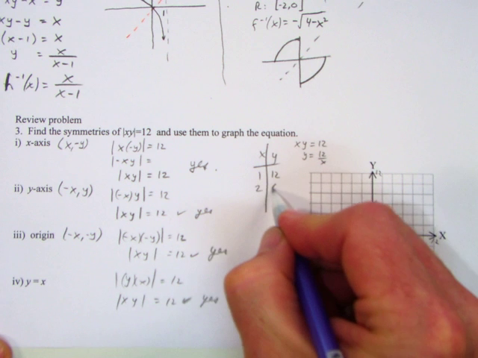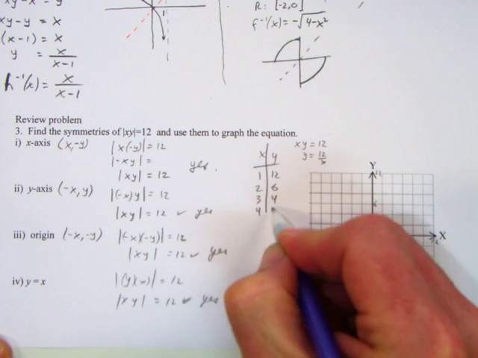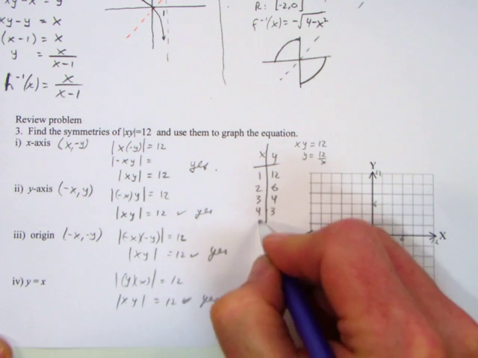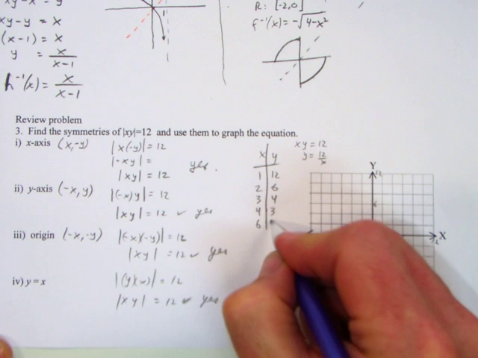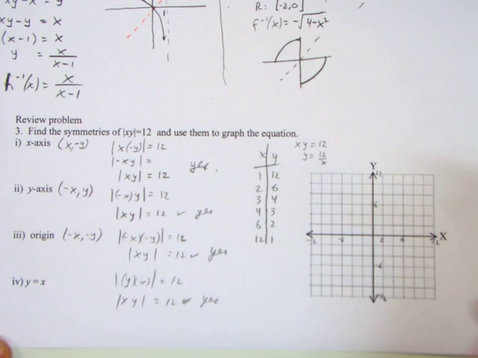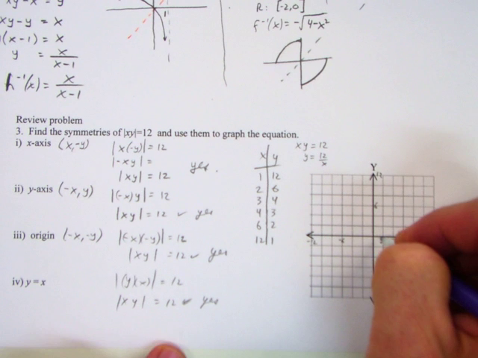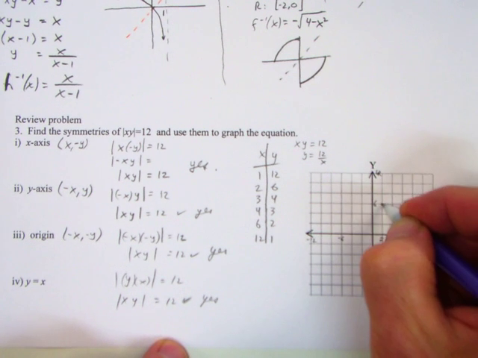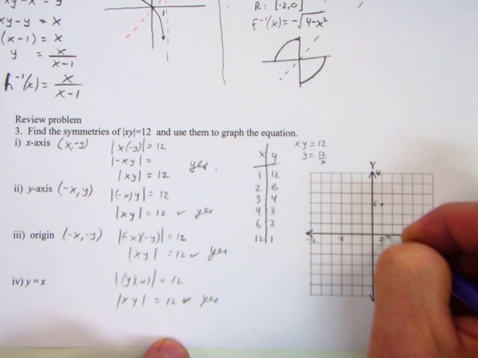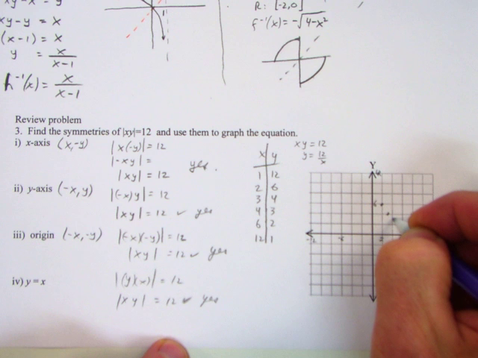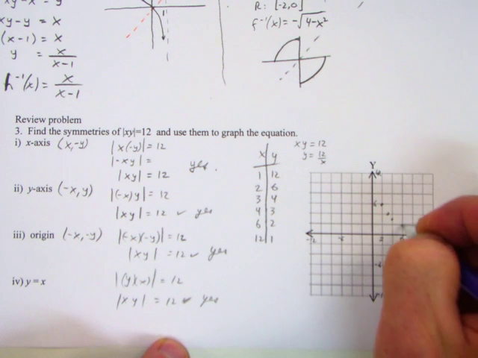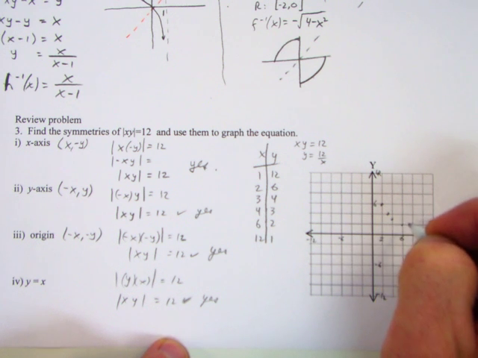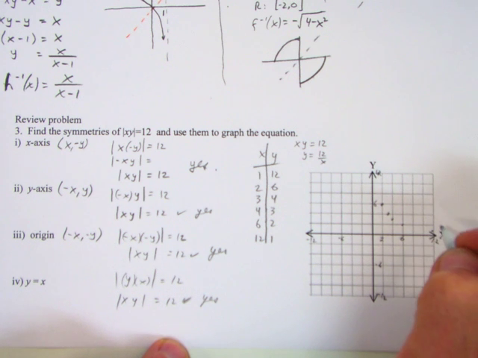If I plug in 1, I get 12. If I plug in 2, I get 6, 3 is 4, 4 is 3, 6 is 2, 12 is 1. So let's take a look. 1 is going to be all the way up here at 12. 2 will be at 6. 3 will be at 4. 4 will be at 3. 6 is at 2, and then 12 is at 1.